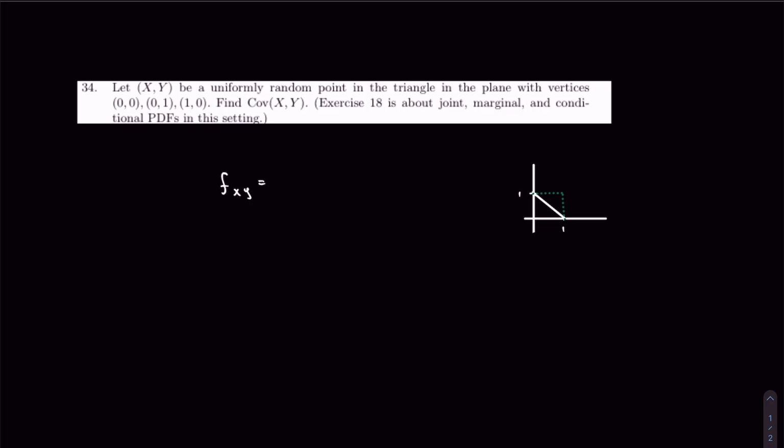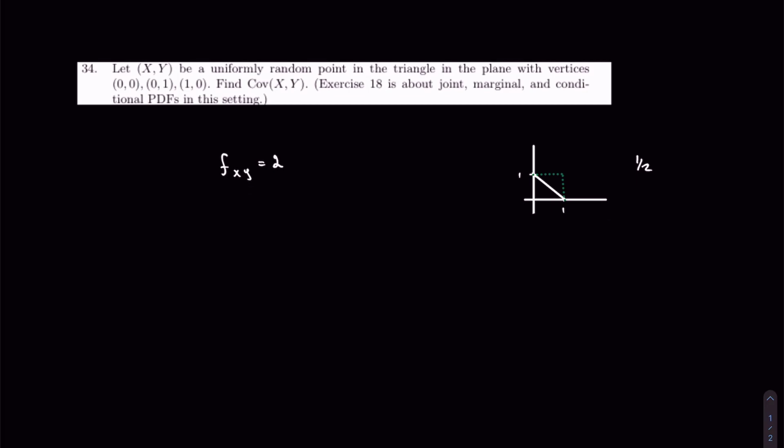The PDF, because it's uniform, is inverse to that. So the PDF of x and y is 2. It's inverse because all points are equally likely, so we divide by the total area. Okay, that's good.